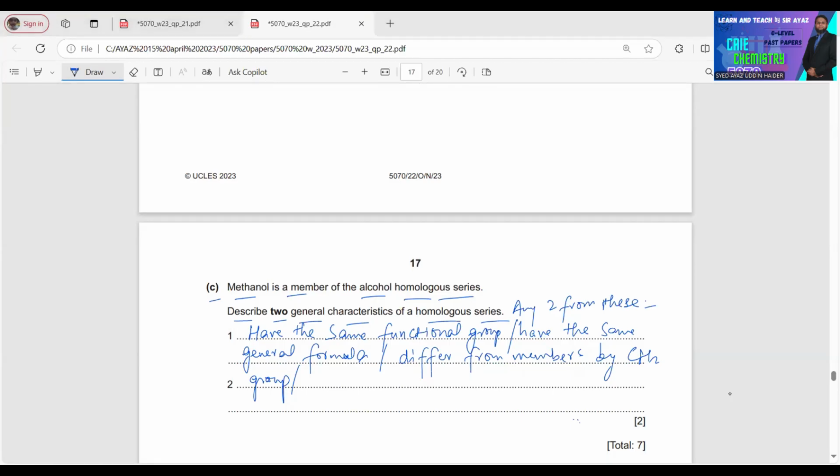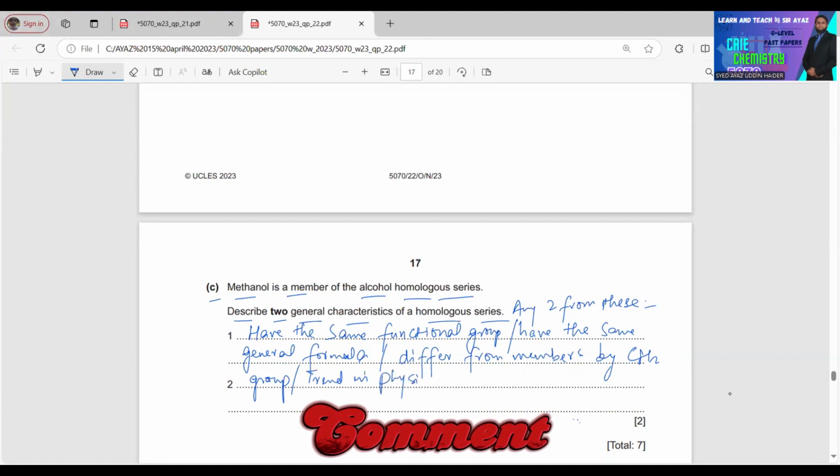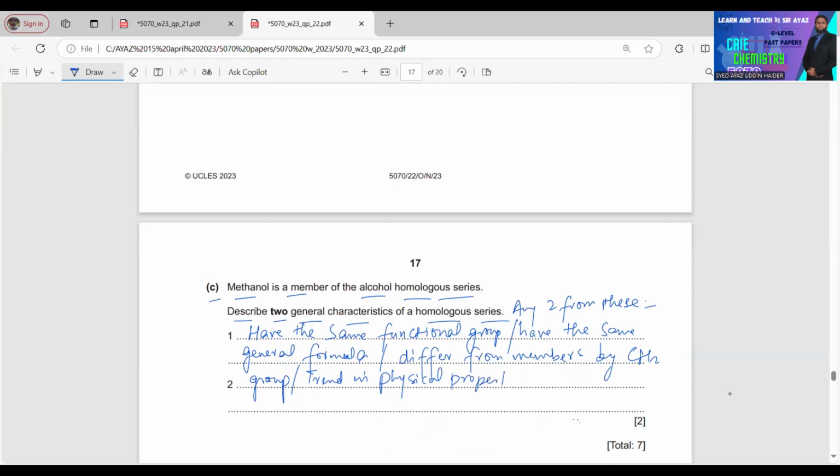Trend in physical properties. You can even write trend in physical properties, like melting point and boiling point increase. Same chemical properties, same method of preparation, etc.